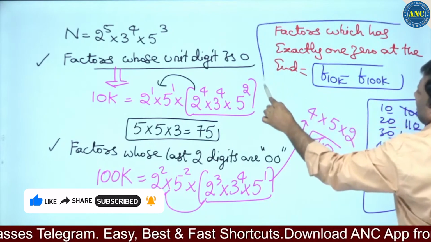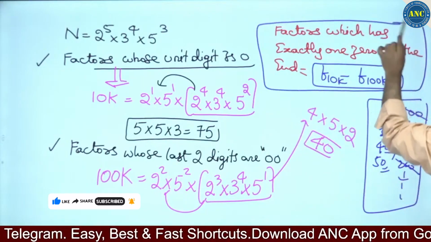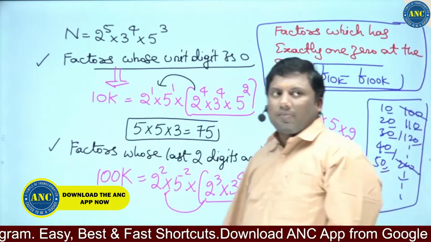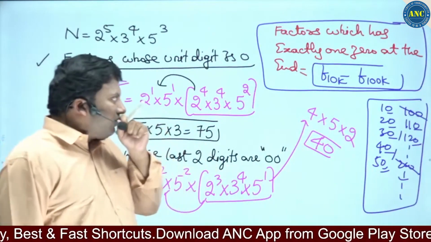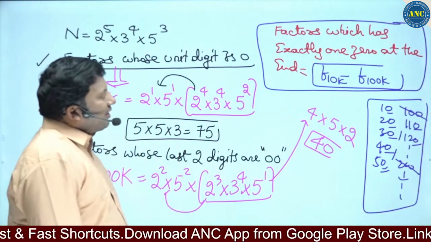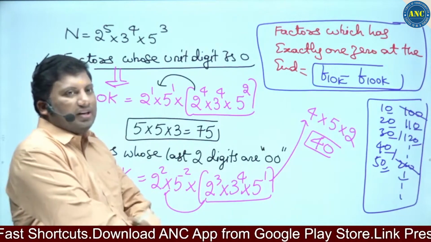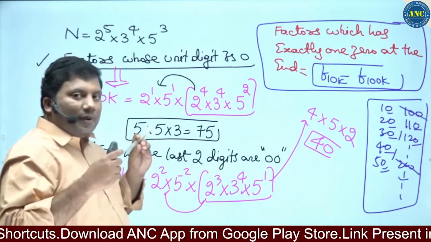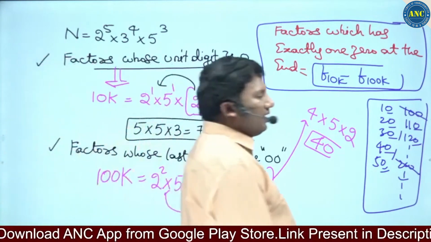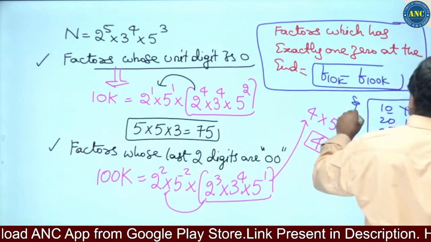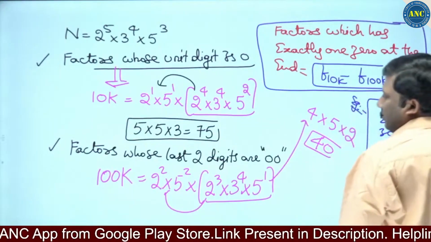Factors which have exactly one 0 at the end is factors which are multiples of 10 minus factors which are multiples of 100. I hope this example gives a good understanding of this concept.